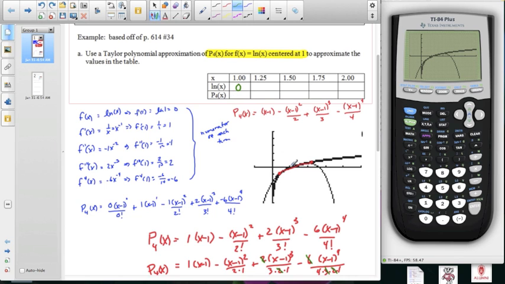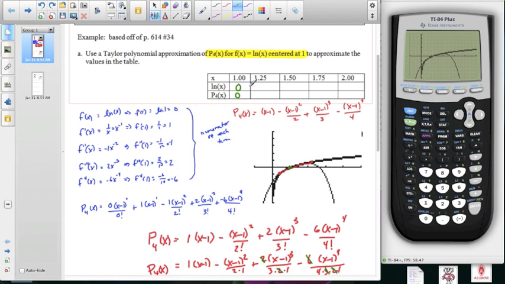So we're looking right here at this point. The value at 1 of the polynomial also ends up being 0, right? If we put a 1 in for x in all of these, we end up getting 0. So that goes back to that first rule that we need the polynomial approximation to match the value of the actual function at the center. Anything else just wouldn't be that accurate.